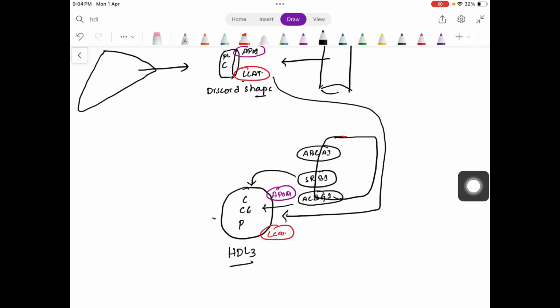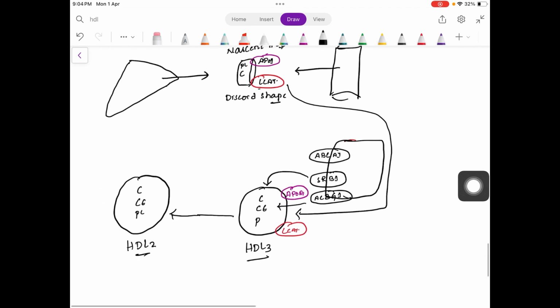And this HDL3, after taking up a lot of cholesterol from the peripheral tissue, is converted into a bigger and less dense molecule with cholesterol ester and phospholipid. This is called HDL2 molecule.